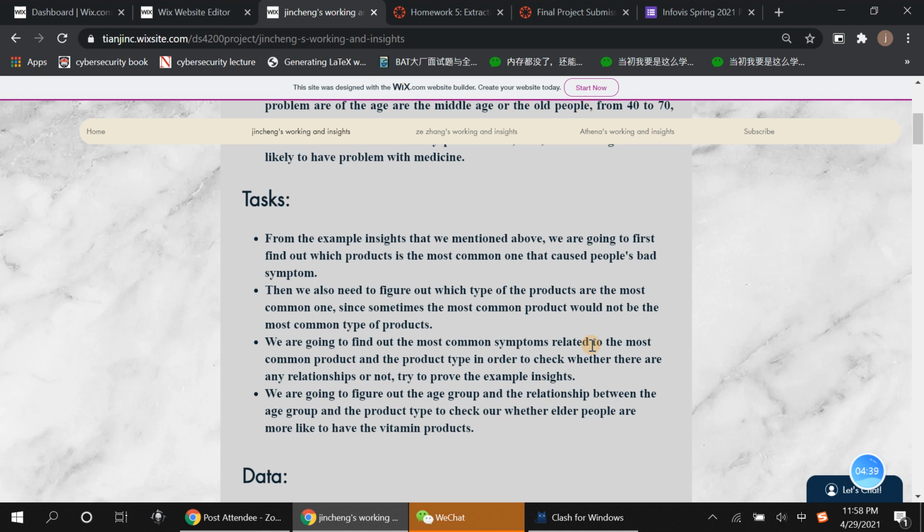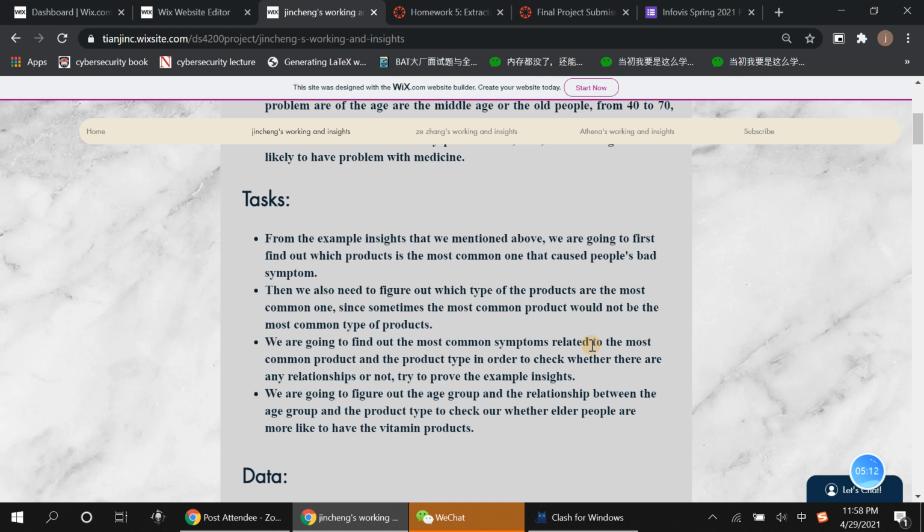I'm going to dig in more to find out which product exactly is the most common one and causes people's bad symptoms, and then explore the data further to figure out which type of product is the most common one. The reason I plan to figure out both the most common product type and the most common product name is that sometimes the most common product would not be in the most common type.